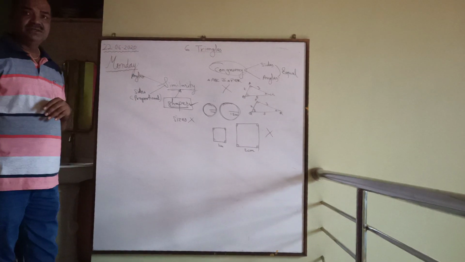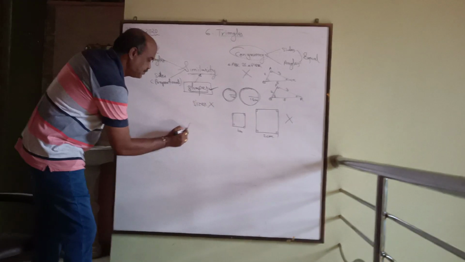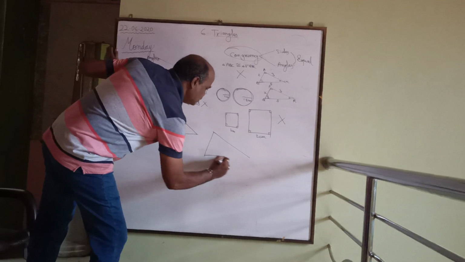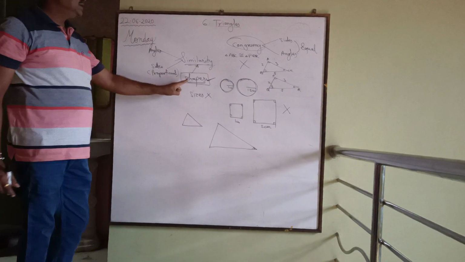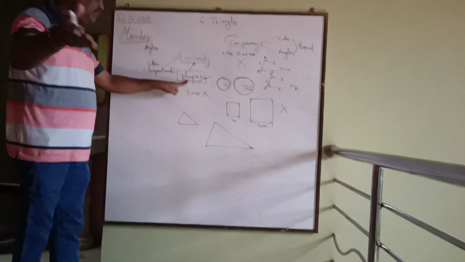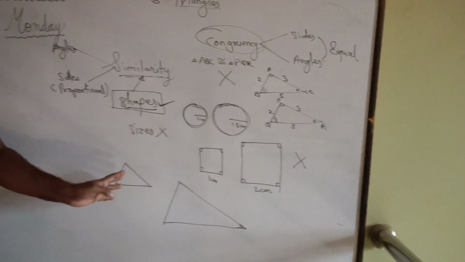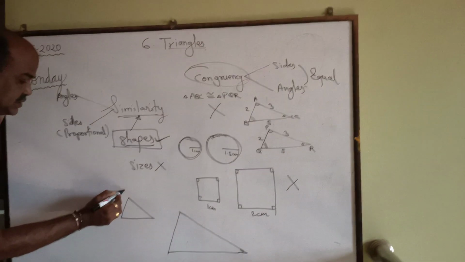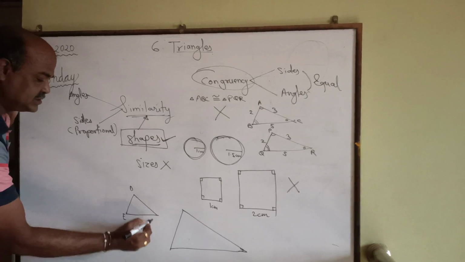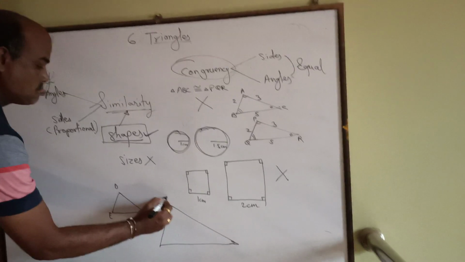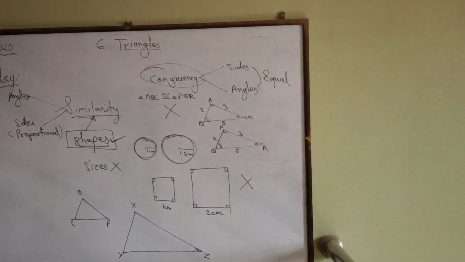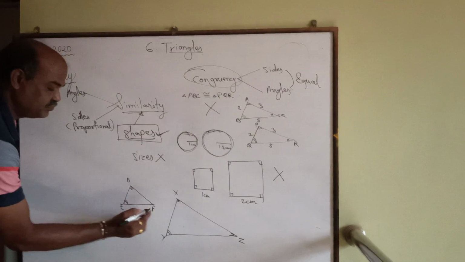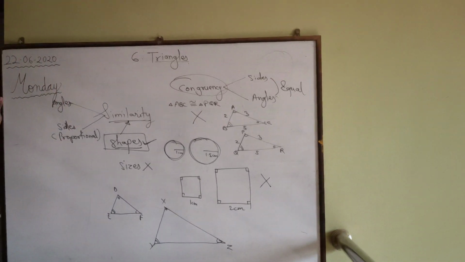Now, let us move to triangles. The same shapes, although their sizes are different, in these two triangles, you can see that I am taking their corresponding angles equal, no matter of which measure they are.